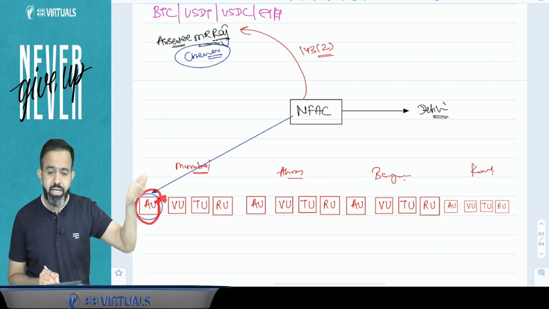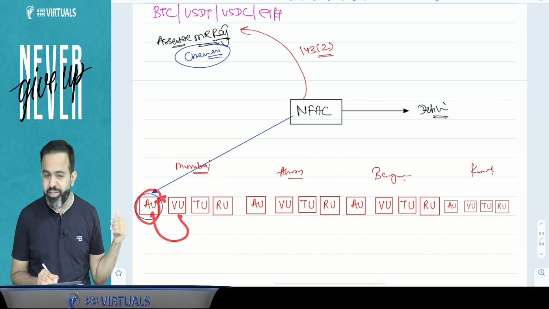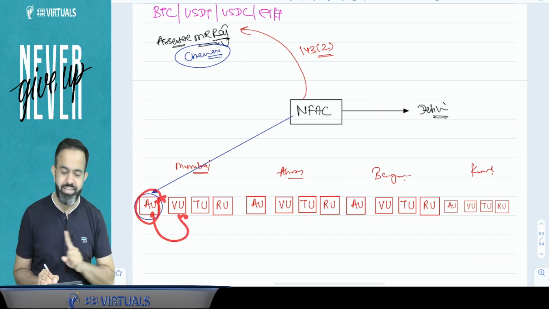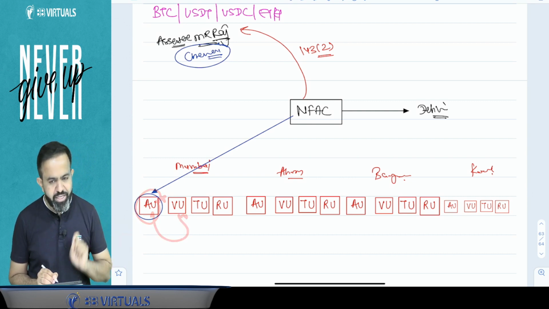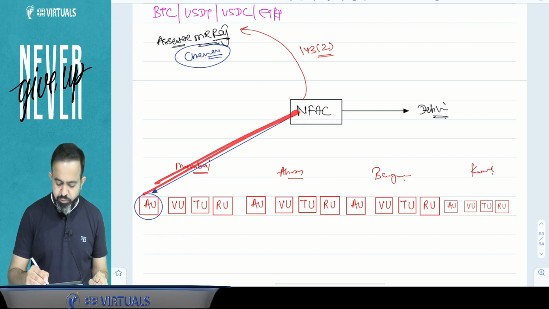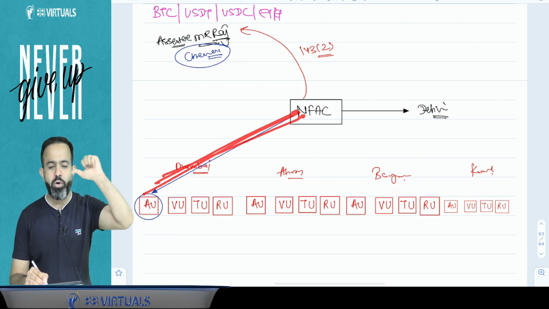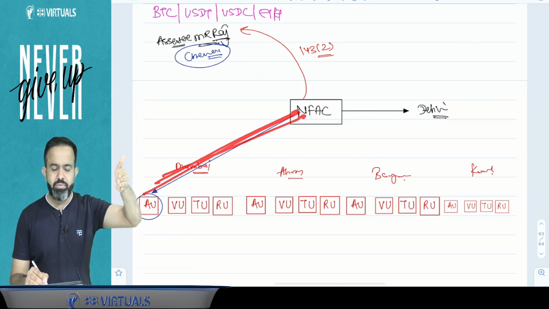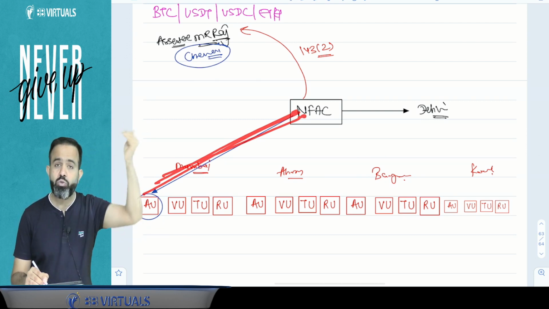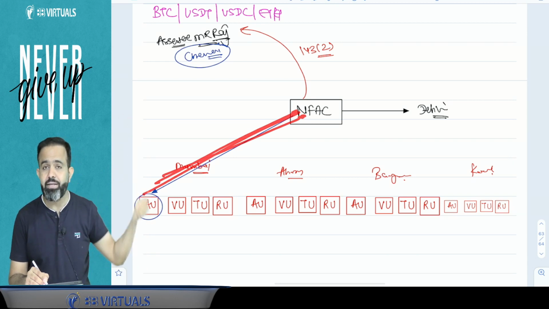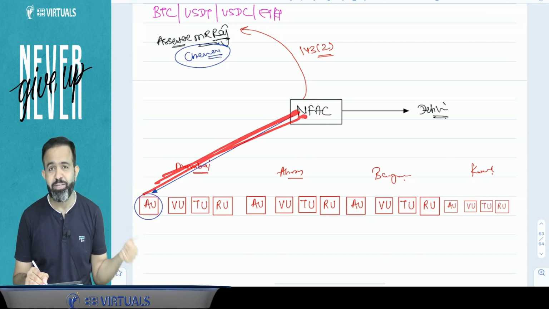So the question is, can they directly approach the verification unit? Answer is no, guys. The answer is no. They will request the NFAC, sir, we need the verification on so and so point. We request you, please ask any verification unit so that we can get the report from the verification unit.